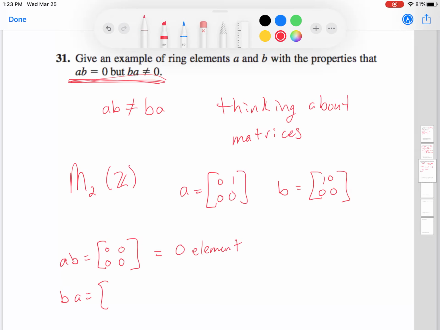Row times column, we would have 0, 1, 0, 0, and that is not equal to the 0 element. So AB equals 0, BA does not equal 0. So here's an example.